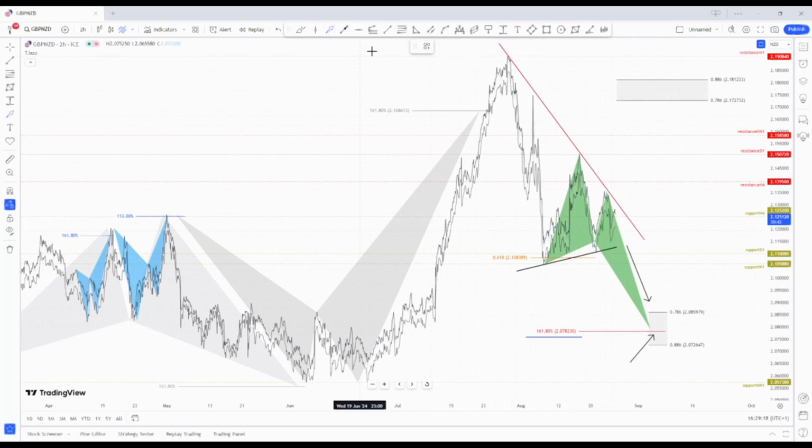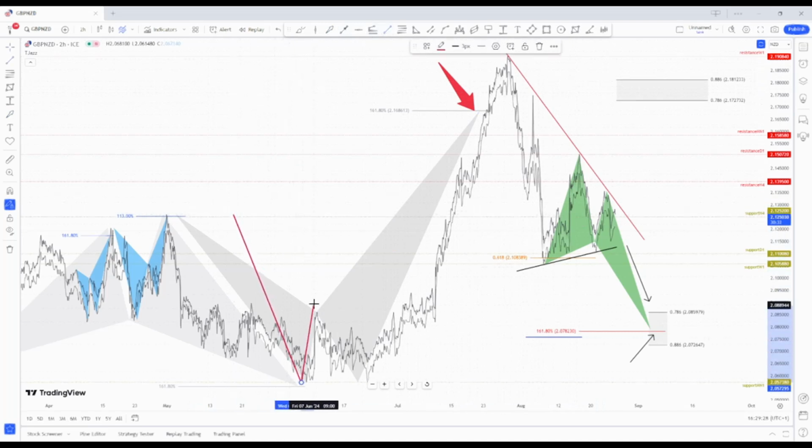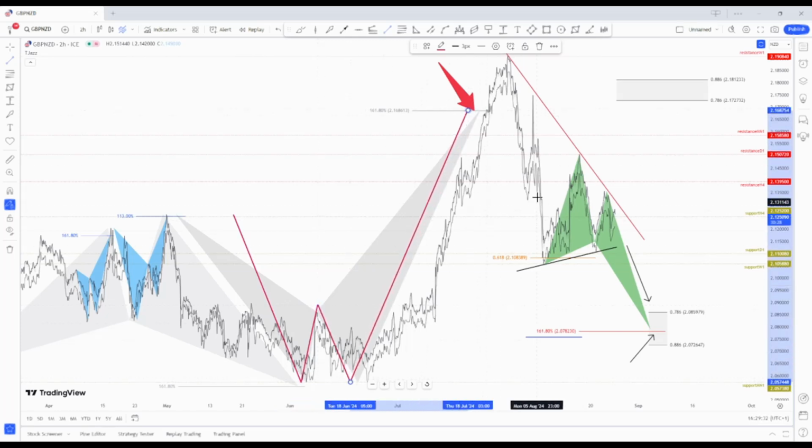If we are talking about a situation where we already have a pattern completed, that's a different story. That changes my perspective. Once I see the formation of the pattern, once I see the formation of the sequence, I start to admit, okay, now it's time for a retracement. Even though, as you can see, the price moved above your entry point for a bit before starting to pull back.